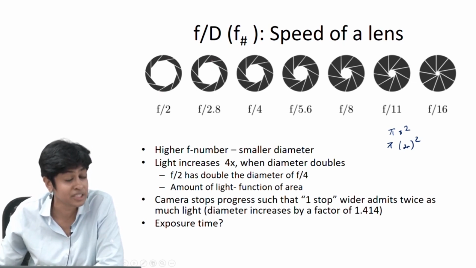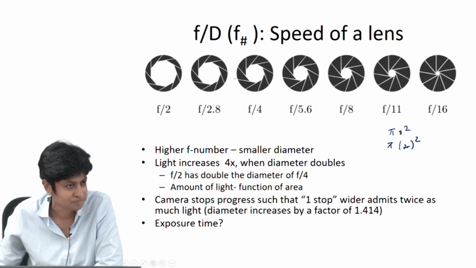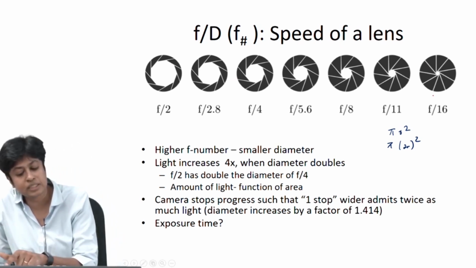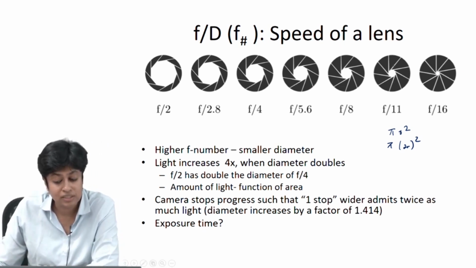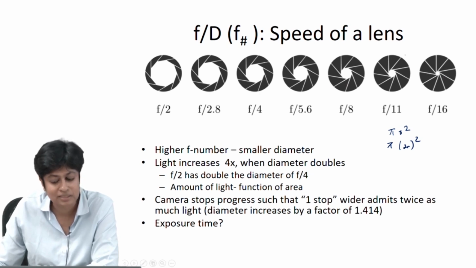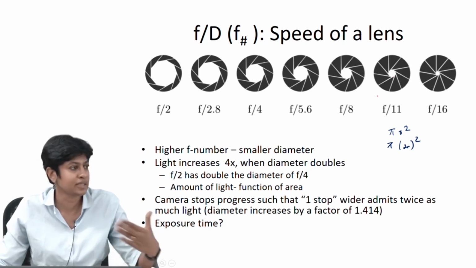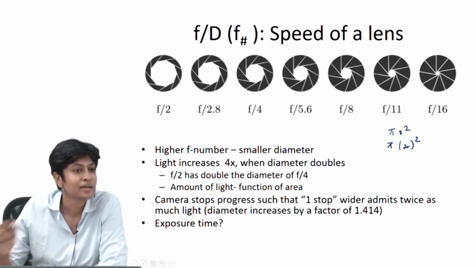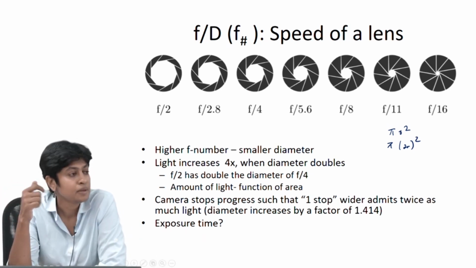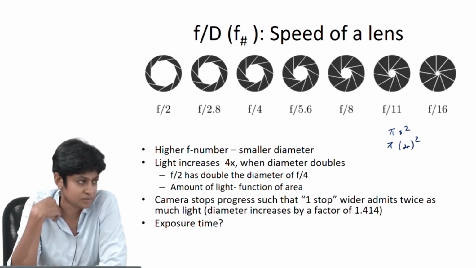This radius has been changed such that the area has gone down 2 times, right? So going from f/16 to f/11, the area of this has doubled compared to the area of this. The area of f/8 has doubled compared to f/11, and that means you keep going down in exposure time by half. Okay, and that's where these numbers come by. You're not changing the area by 4 times but by 2 times.